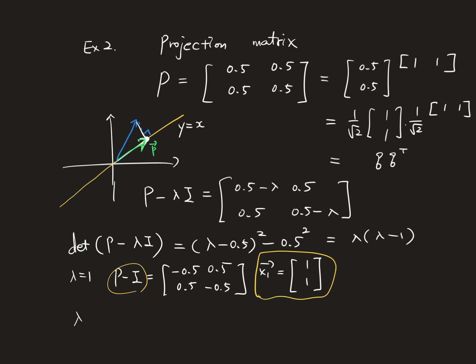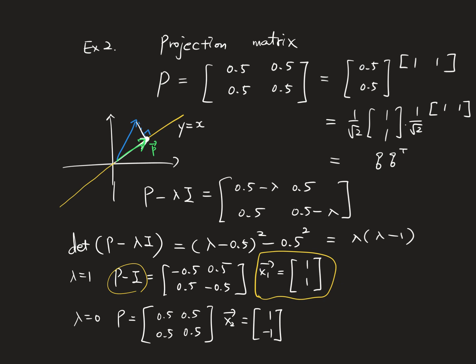So x1 is 1, 1, and this is the eigenvector. For lambda equal to 0, we consider just P, which is 0.5 all over, and we can see that x2 could be 1, minus 1. I said many times, any non-zero multiple of an eigenvector will be an eigenvector.